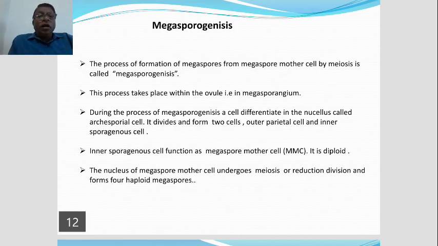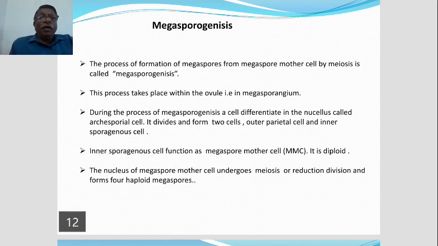Differentiate means how it develops, then cytoplasm with a conspicuous nucleus or distinct nucleus. Such a cell is called archisporial cell.